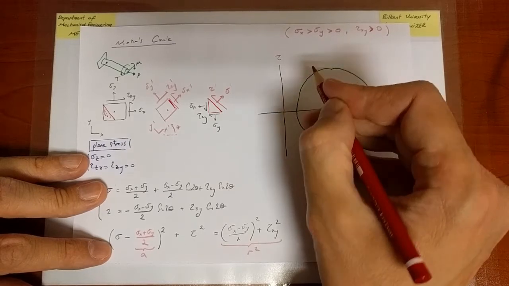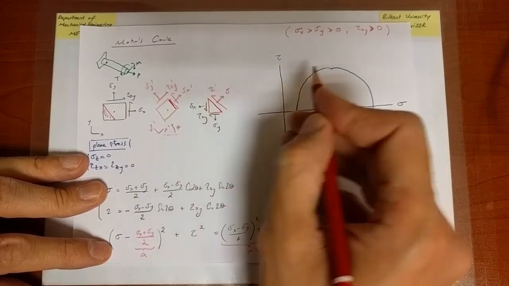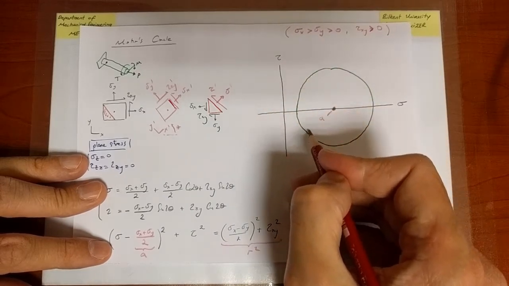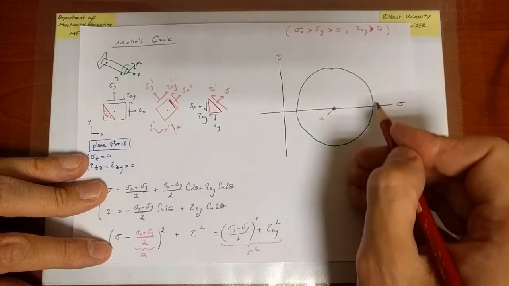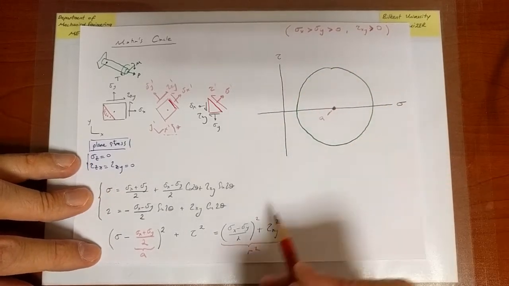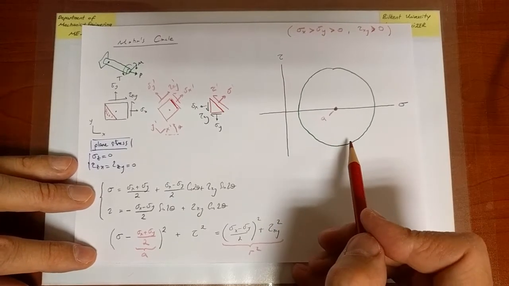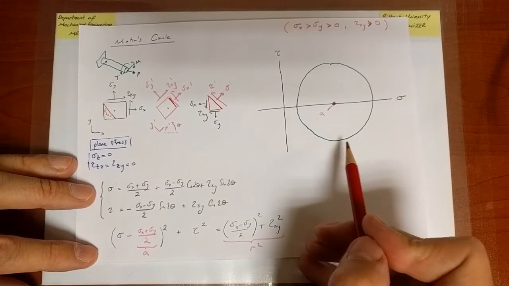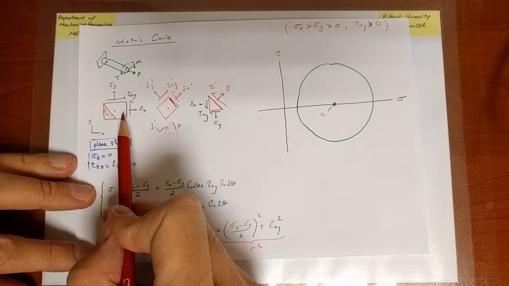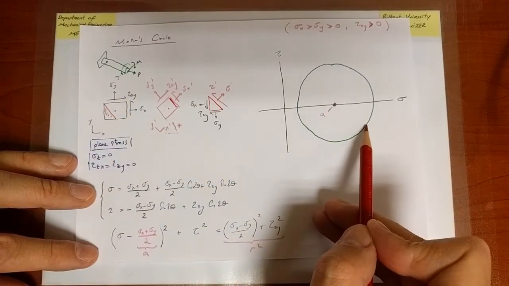Every rotation will give me a new sigma and tau value associated with a different orientation, and all of those values ultimately satisfy the equation of the circle. They have to lie on this green line. Now, therefore, the original components of the stress with respect to x and y also have to lie on that circle.